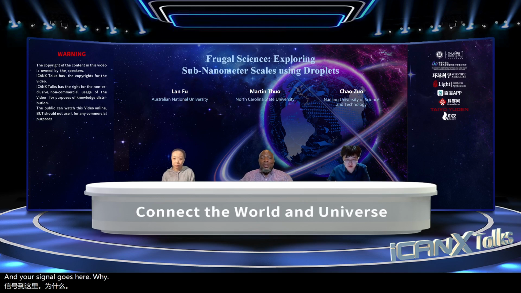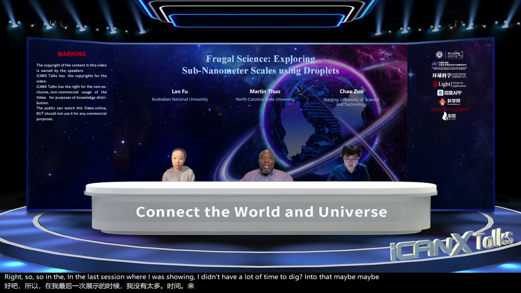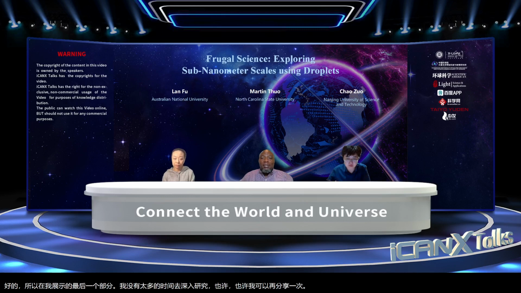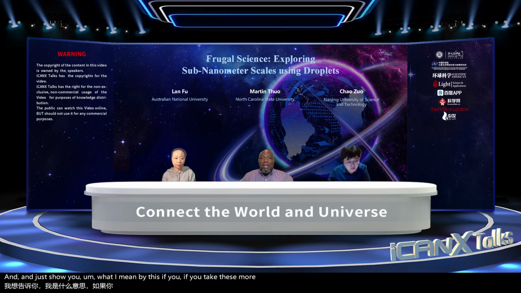In the last section I didn't have a lot of time to dig into that. Maybe I can share that again and show you what I mean. If you take these molecules, for example, this very simple head group here.